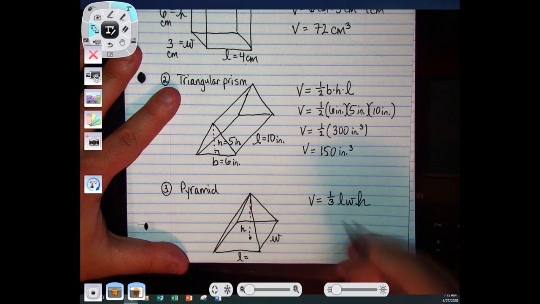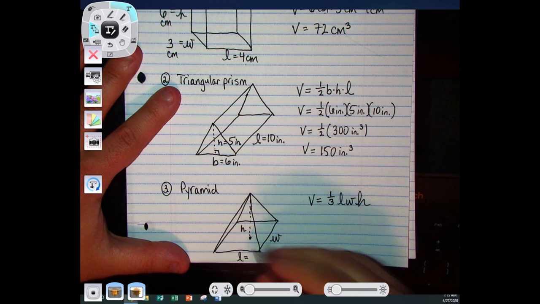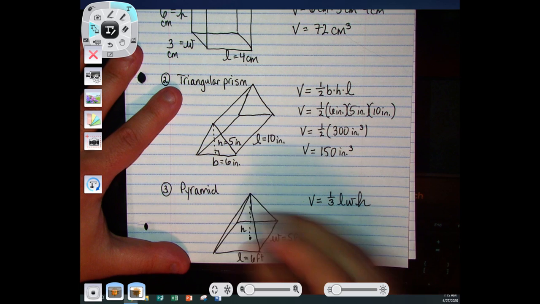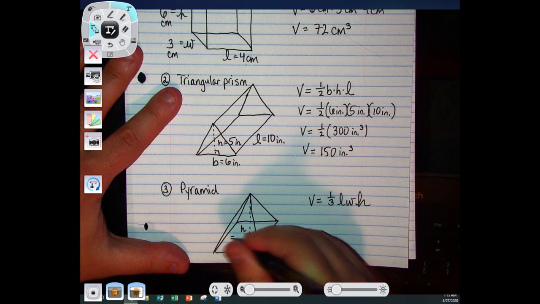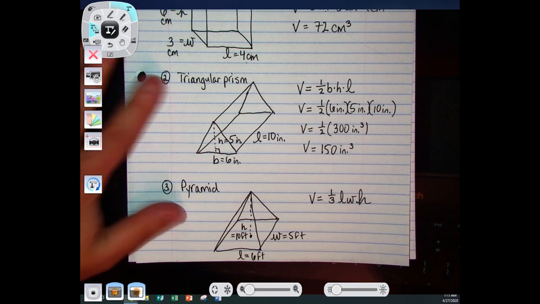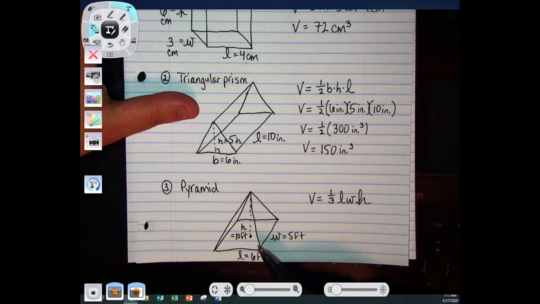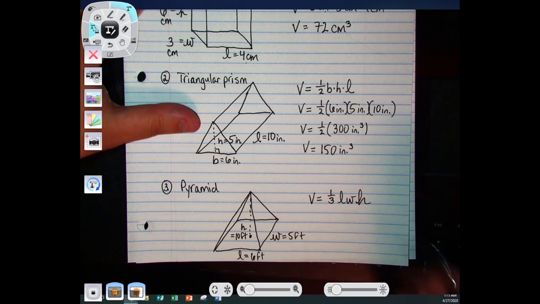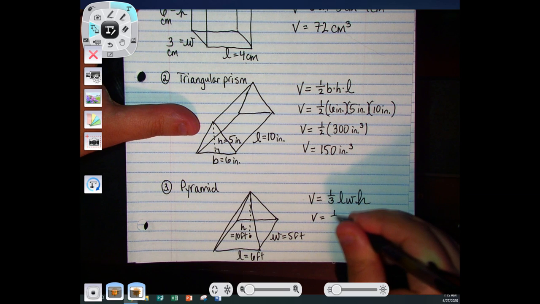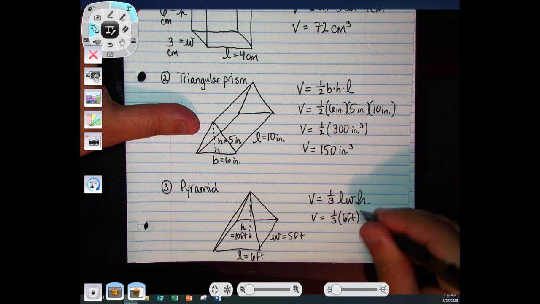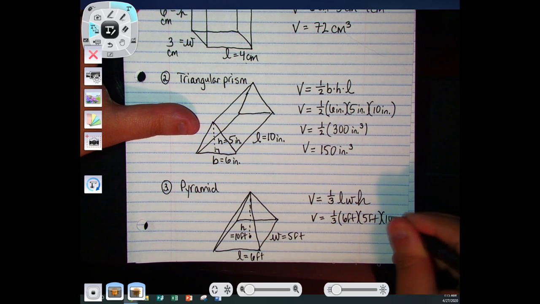So for example, if I tell you that the length of this pyramid is 6 feet, let's say the width of the pyramid is 5 feet, and let's say that the height is 10 feet. They want us to find the volume of the pyramid. So again, we know the length, the width, and the height, so we just substitute those in. So volume equals 1/3 times 6 feet times 5 feet for the width times 10 feet for the height.